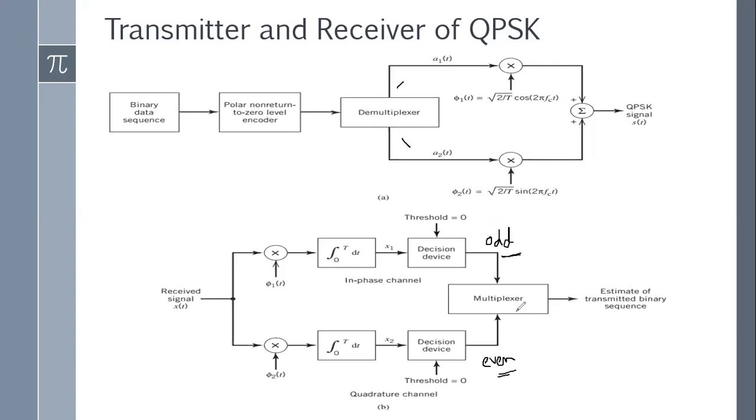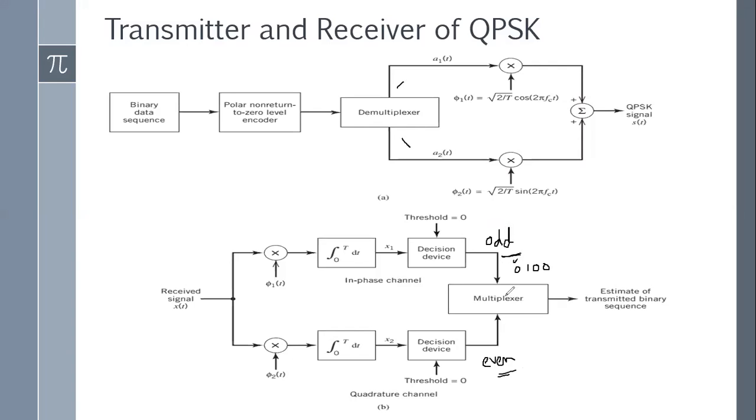Now once you have the odd and even bits, you multiplex them. Multiplexing means you are arranging them into the form of position number 1, then position number 2, then position number 3, then position number 4. This is the job of the multiplexer.